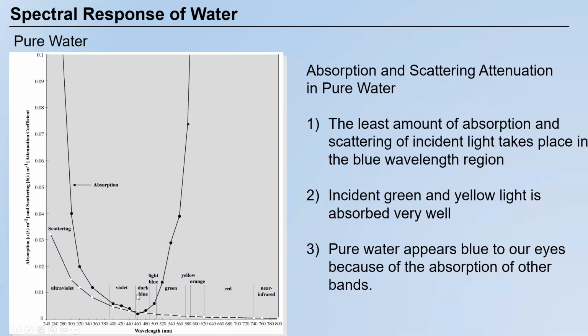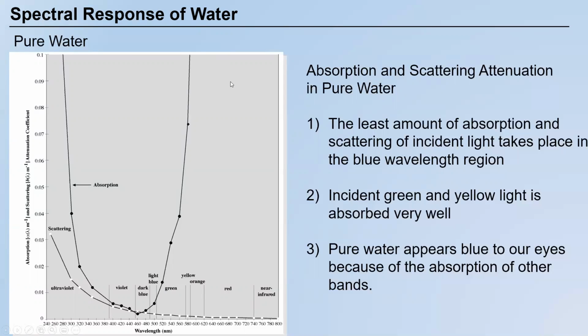And in violet, dark blue, light blue, and green area, you can see that absorption of water is weak, is the weakest within this range actually. And after that, it begins to increase again in the green area, and you can see that when the wavelength increases and arrives at yellow, orange, and even red, or no need to say infrared, the absorption of water is strong again.